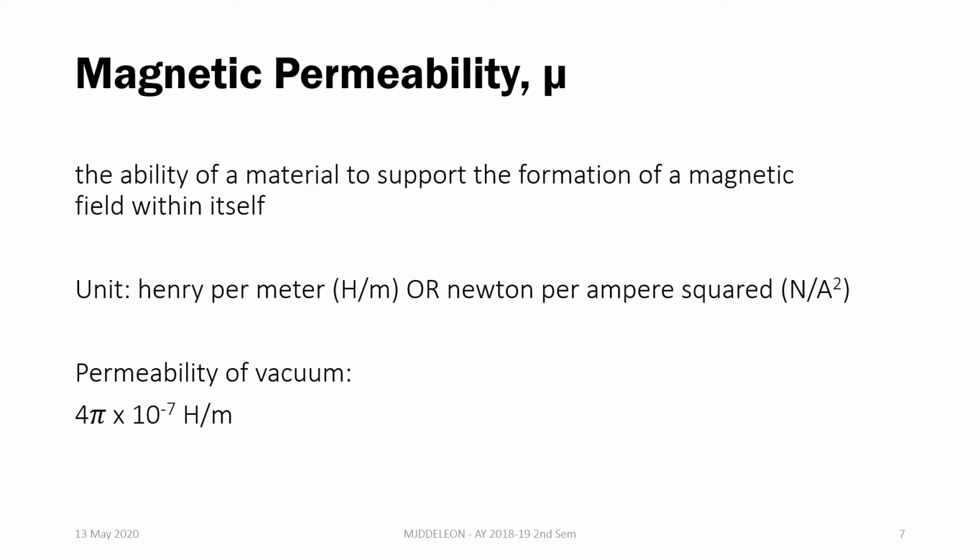So when exposed to an external magnetic field, magnetic permeability tells you how strong the induced magnetic force in your material will be. Our magnetic permeability is usually referenced against vacuum, which has a permeability of 4 pi times 10 to the negative 7 henries per meter.